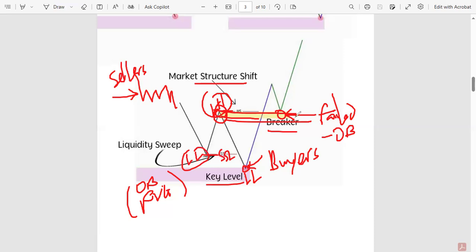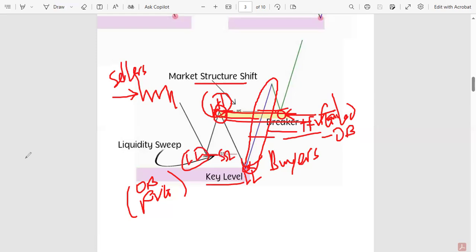And the breaker block becomes stronger if it is combined with a fair value gap. If we have a fair value gap around this leg that caused the market structure shift, at the same area where we have this breaker block, that's going to be a stronger entry model, which is called the ICT unicorn model.